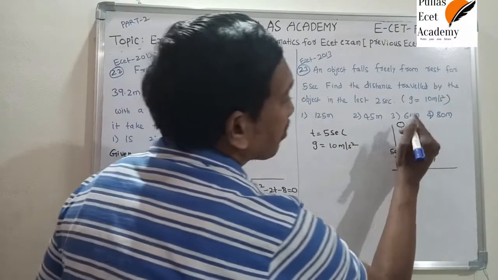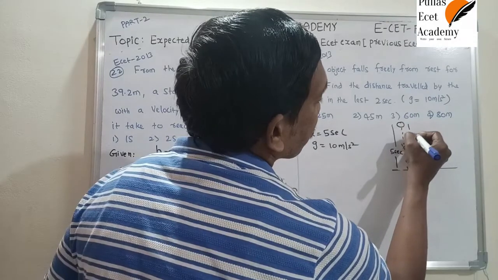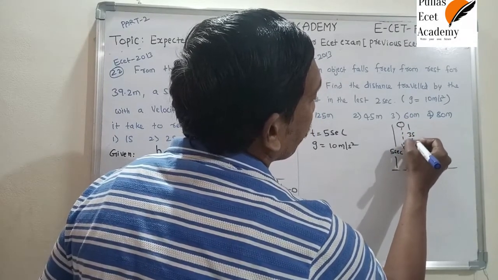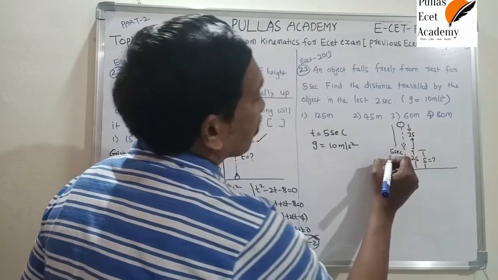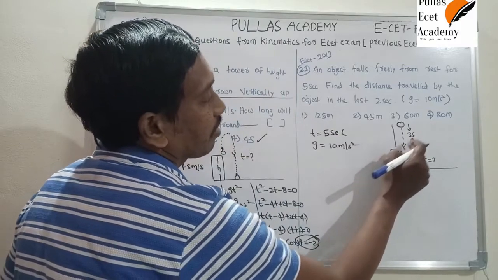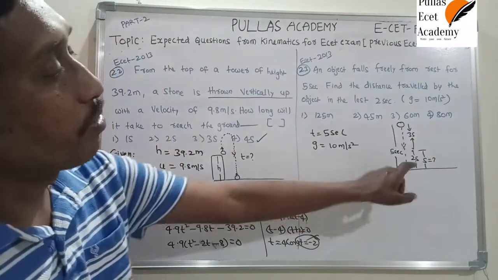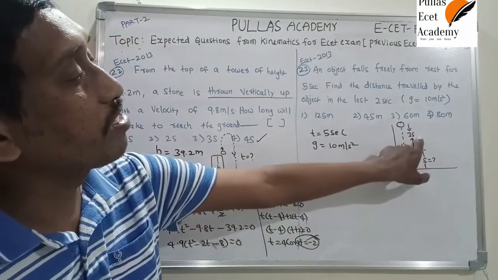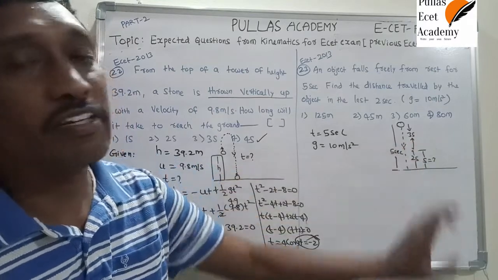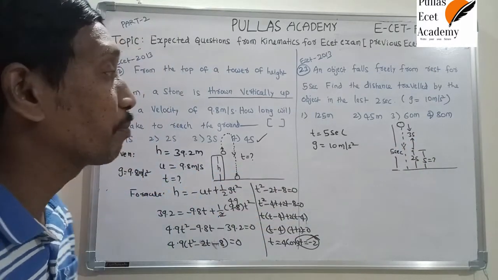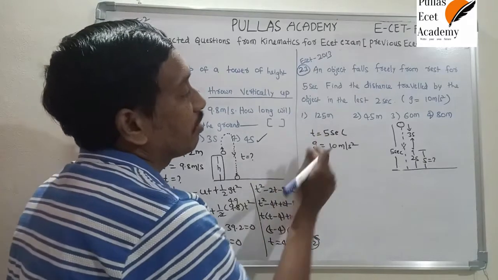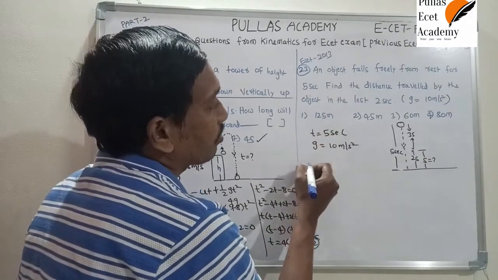That means if you know the distance traveled in the remaining 3 seconds, and the distance traveled in 5 seconds, then subtracting gives you the distance in the last 2 seconds. That's the procedure.